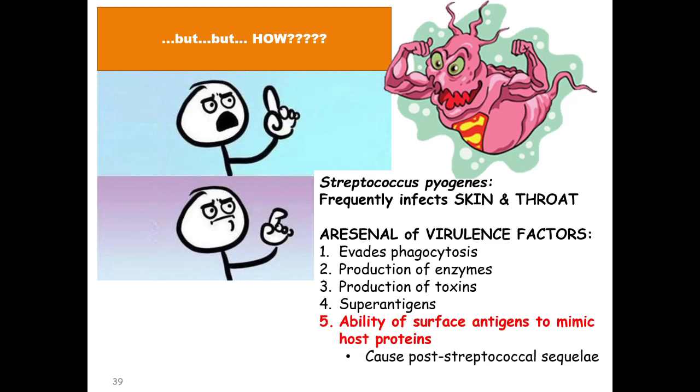They can avoid phagocytosis, they produce enzymes, they have their own toxins, and they produce superantigens. Plus, what is different from Staphylococcus aureus is their surface carbohydrates and surface antigens: we get cross-reactivity with the antibodies that we make to fight that infection, and then damage to our body tissues. So that's the cause of the complications after an infection, streptococcal sequelae. Sequelae means plural complications. Sequela would be singular.